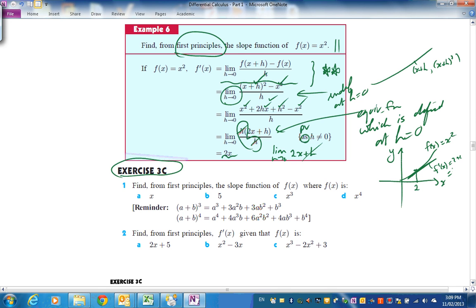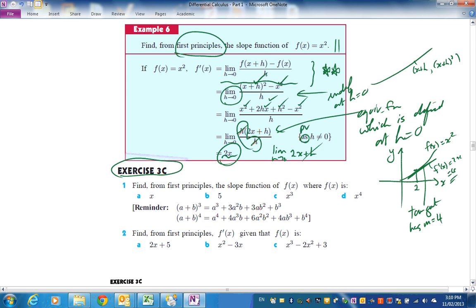When x is 2, that equals 4. So the tangent at x is 2 has a slope equal to 4, because our derived function has an x in it, which will enable us to find the slope of the tangent at any particular x value by subbing in there.